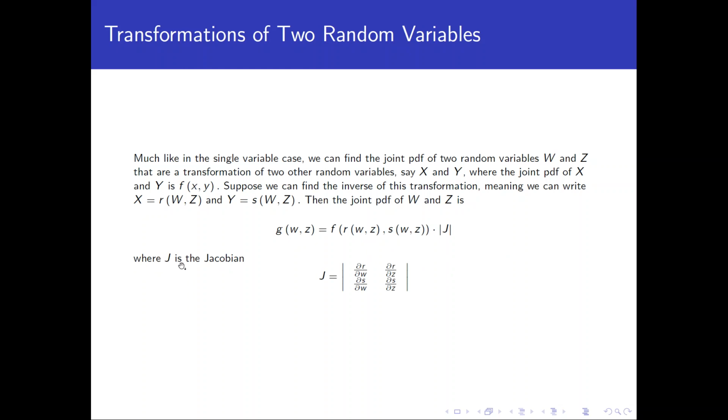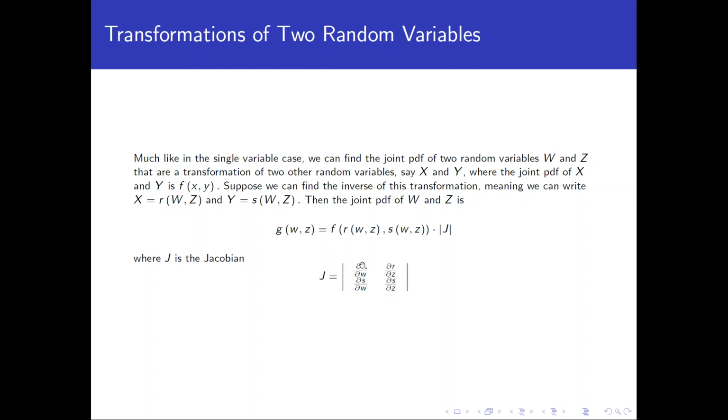So let's talk about what this j is. Well, if you've seen Calc 3, j is the Jacobian. It's a transformation of two variables to two variables, or say three variables to three variables. It has to be square, but when we do the Jacobian, we do the determinant. That's what these absolute value bar looking things mean. We take the determinant of the partial with respect to w for r, partial with respect to z for r, w for s, and then z for s as well.